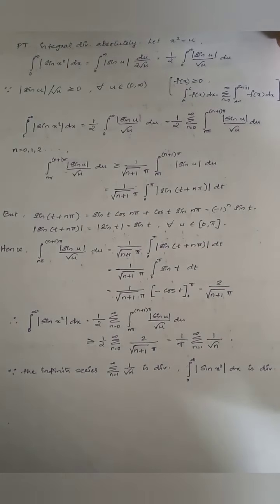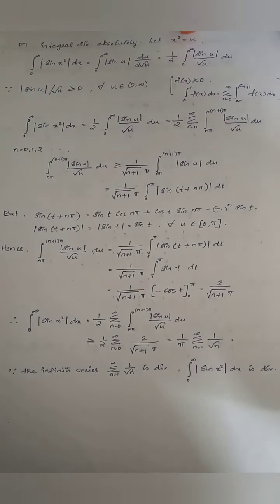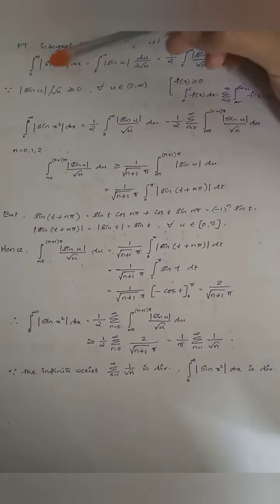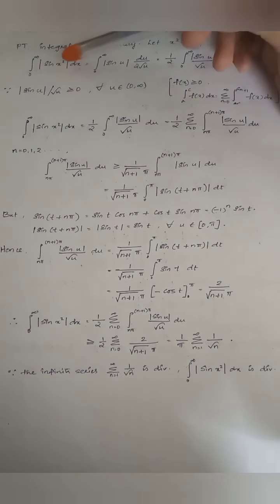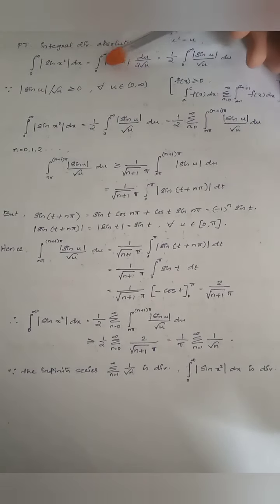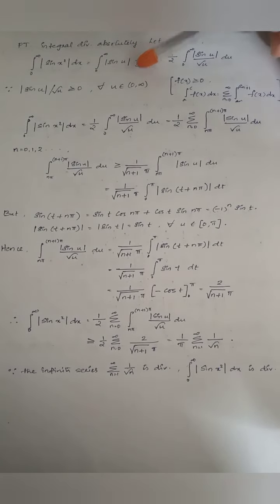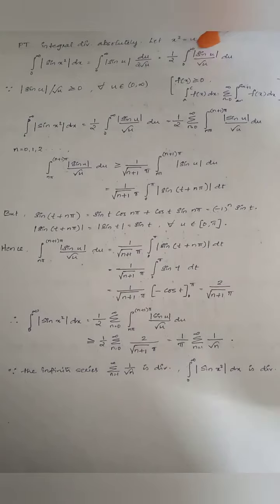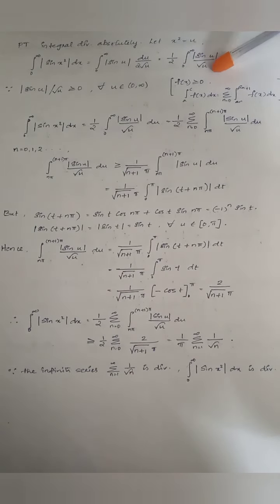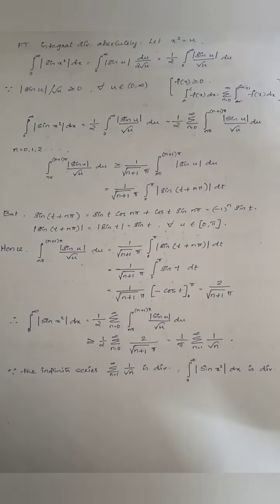Now we are going to prove that the integral diverges absolutely. So again, let x² = u. Then we obtain the integral from 0 to infinity of |sin x²| dx equal to the integral from 0 to infinity of |sin u| du/(2√u), which is 1/2 times the integral from 0 to infinity of |sin u|/√u du.